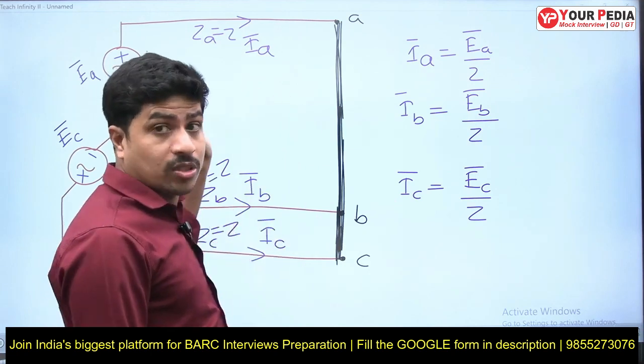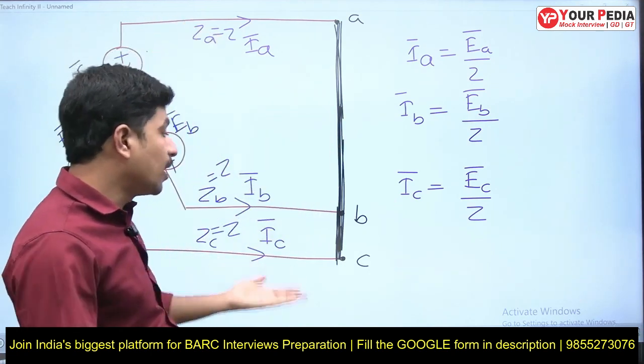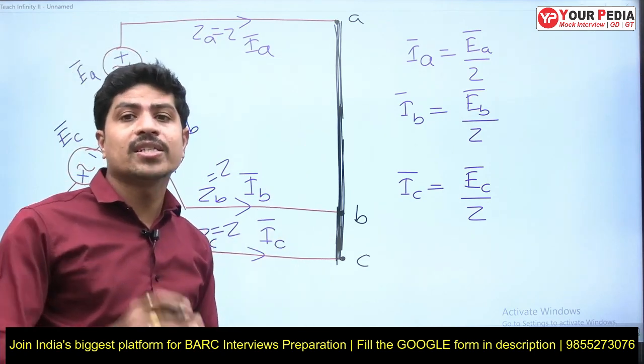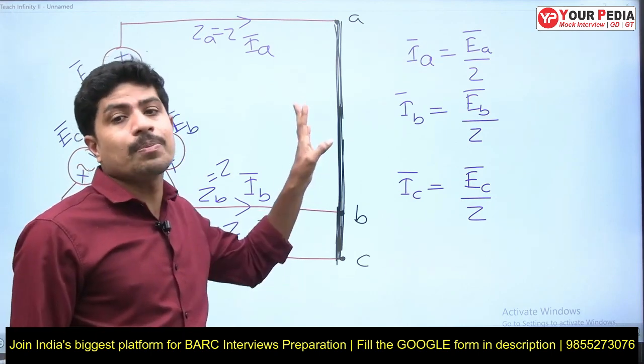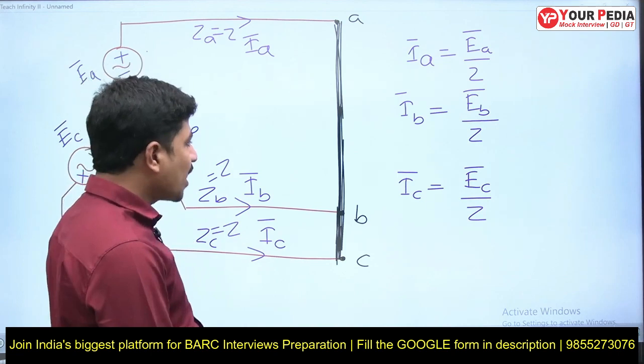If the voltage source is balanced, and we have taken ZA, ZB, ZC as equal, then definitely this system is a balanced system. A three-phase fault is a balanced fault. This is the LLL fault.